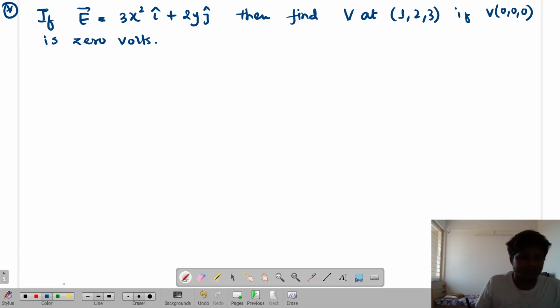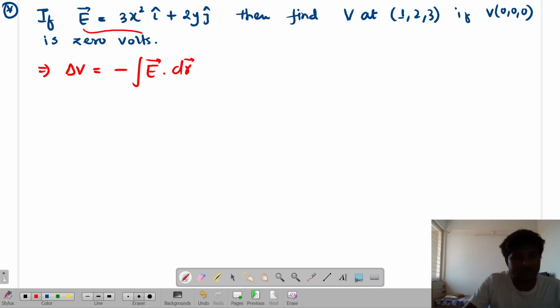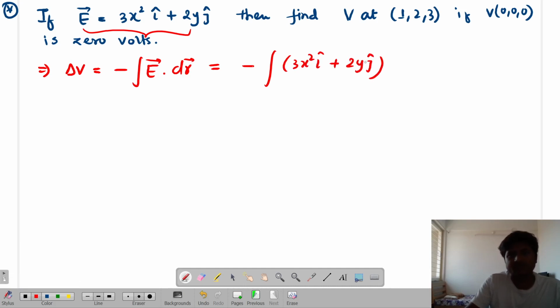Okay, electric field, first of all, we know that the relation is change in potential is minus integral E dot dr, isn't it? Then we see always the electric field vector, right or not? If it is a vector quantity, then see over here, my electric field is 3x square i cap plus 2y j cap.